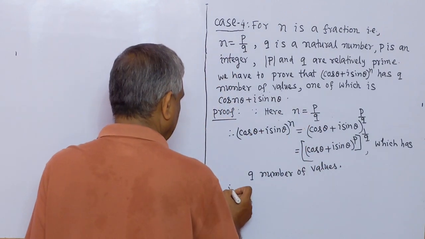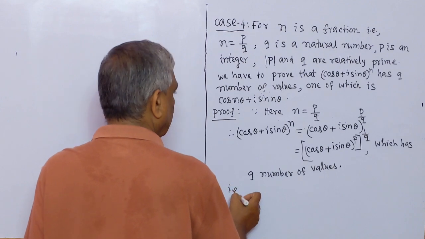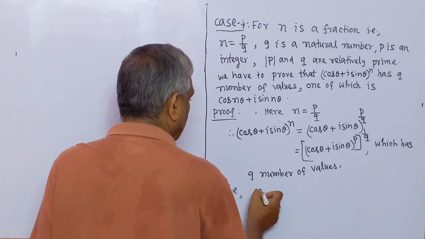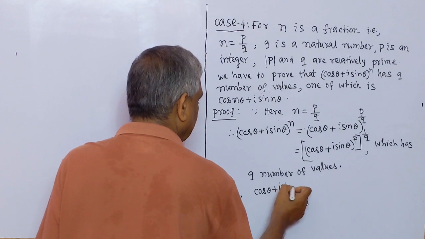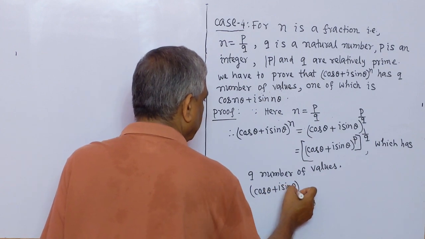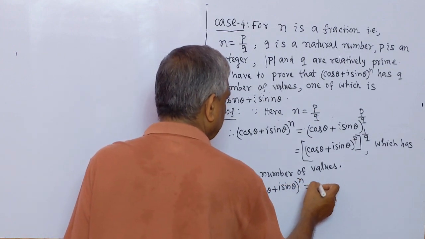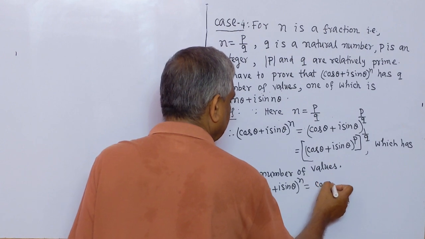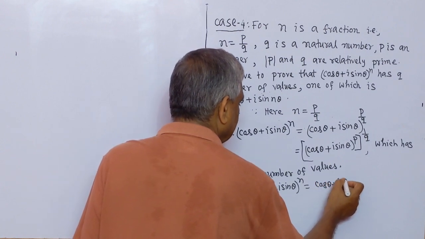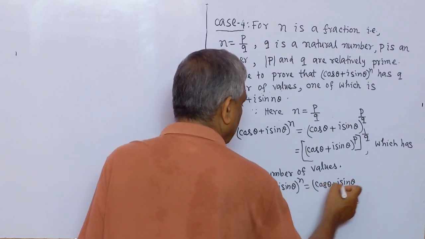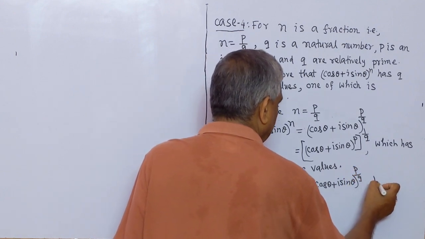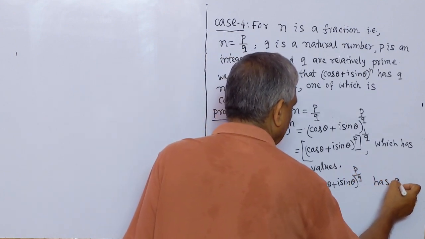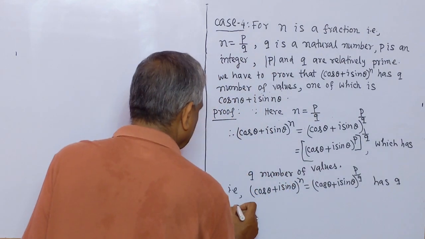That is, (cos theta plus i sin theta) to the power p by q has q number of values.